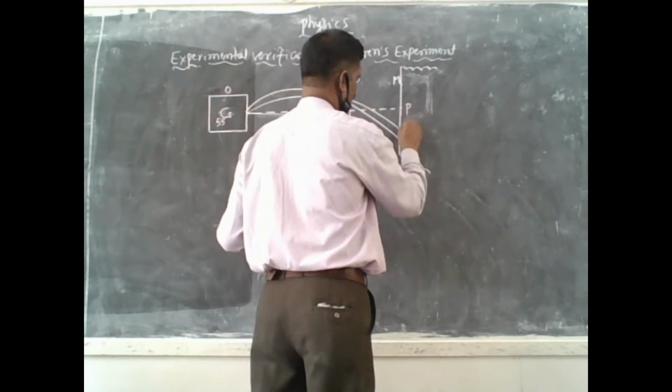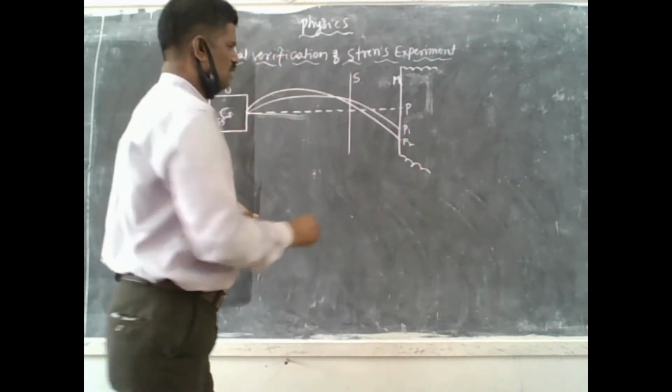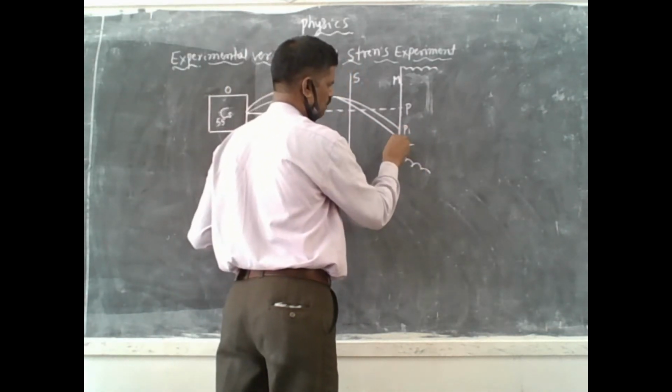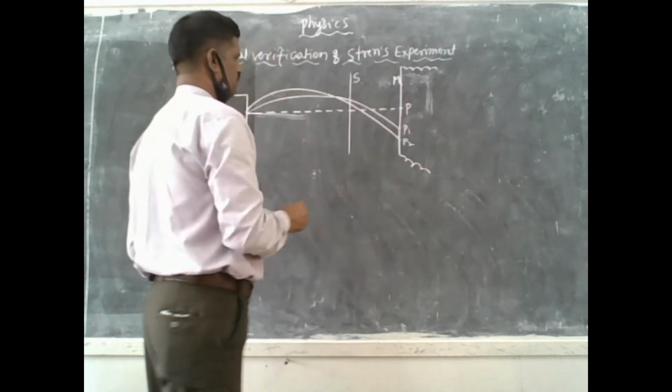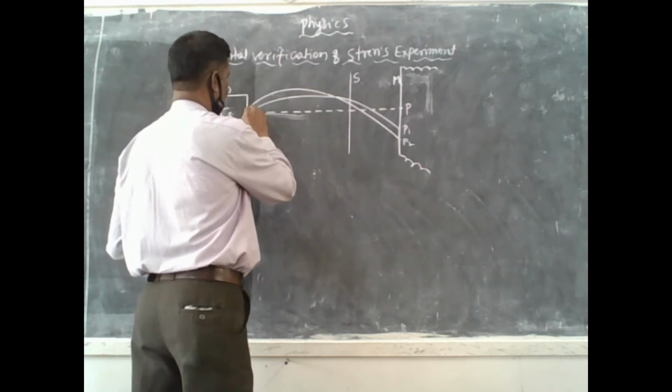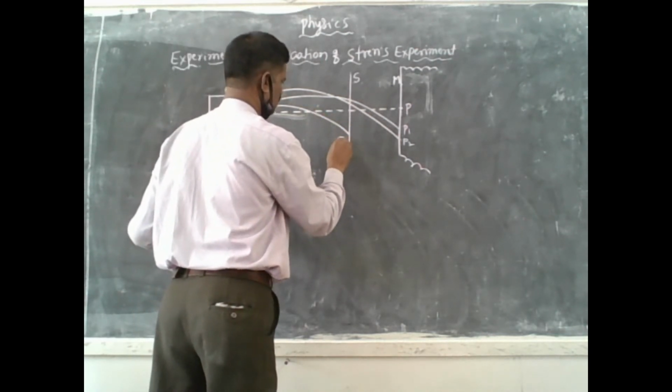And here is P, here is P1, and here is P2. This position is P1, this position is P2, and this position is P, and also this position is C.